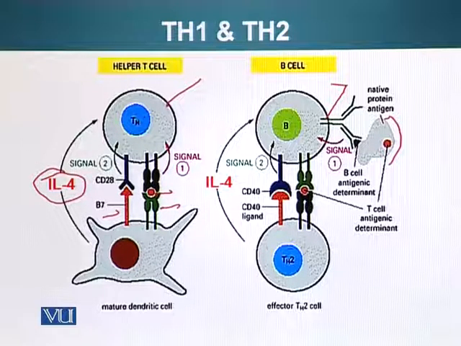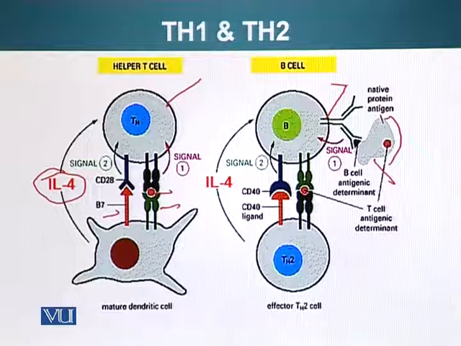When the B cell engulfs this pathogen, it will degrade it and display fragments of this Salmonella pathogen on its surface. I have said that B cells also possess MHC2 molecules. They are also antigen presenting cells. So they will display the fragments of our Salmonella pathogen on their surface with the help of MHC2 molecule.